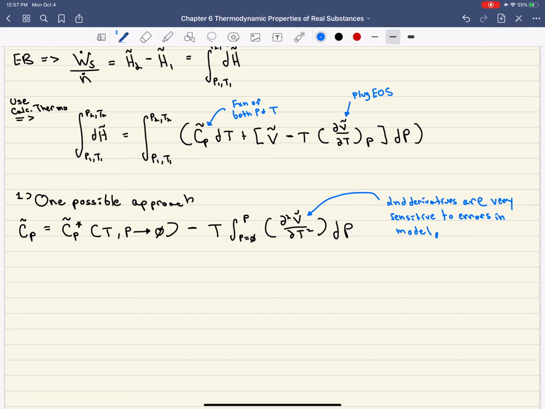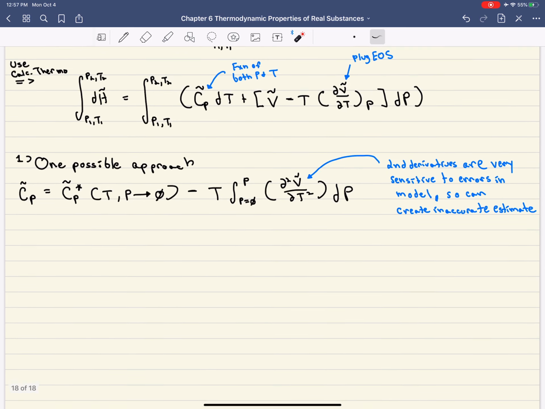The reason for that is a bit outside the scope of this course, but if you plug in some function and take the second derivative of it, it's going to be very sensitive to errors, and as a result that could create an inaccurate estimate. If you're trying to figure out how much work you could produce from your turbine, when you start dealing with these second derivatives, the estimate may become inaccurate.